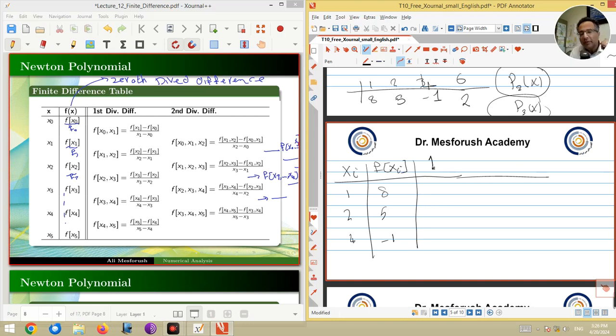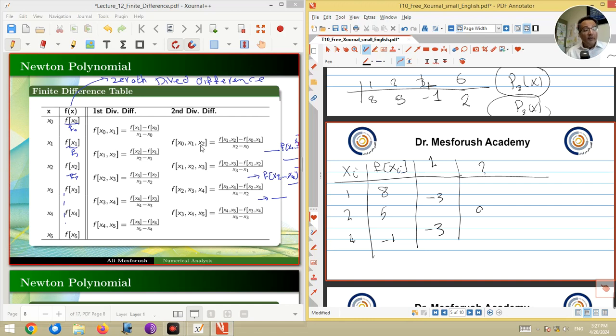Here, the first should be 5 minus 8 over 2 minus 1... Let me put something else here. No, it works, no problem. The first divided differences are minus 3, and so on. The second one should be minus 3 minus 3, and it will be 0. Okay? That's all. It's finished.